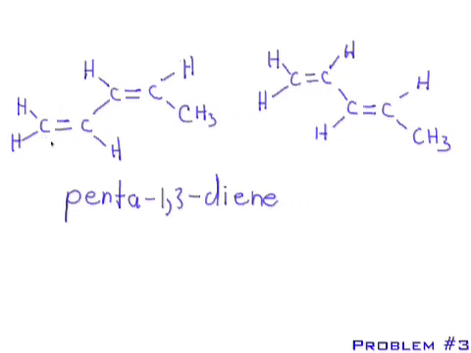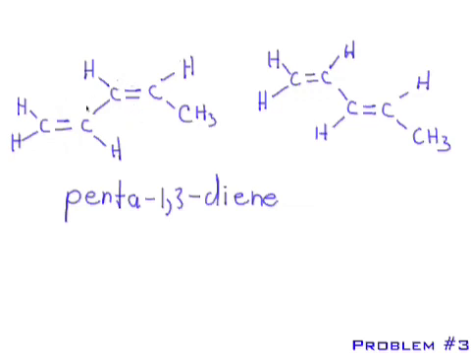So the carbon-carbon double bond that has the two H's off the end has no geometric isomerism. Let's check the second double bond. If I look at the left-hand carbon, I have an H and an alkene. Are they different groups? Indeed. I have an H and a methyl on the other side. Are they different groups? Indeed. So this carbon can have EZ isomerism.